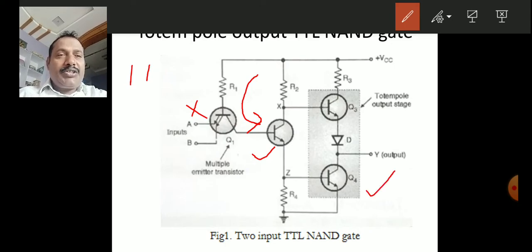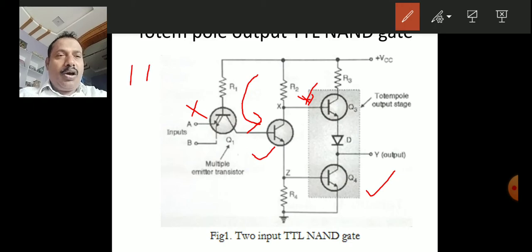And what happens to Q3? Because Q2 is conducting and Q4 is conducting, sufficient base current does not flow through Q3. So Q3 is cut off. Hence the diode is also not conducting.